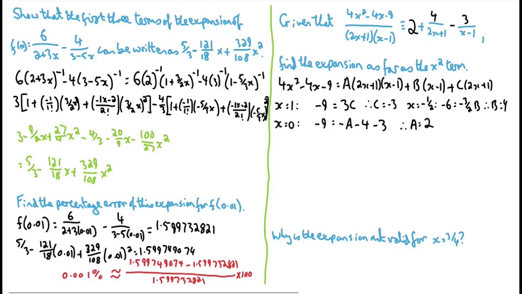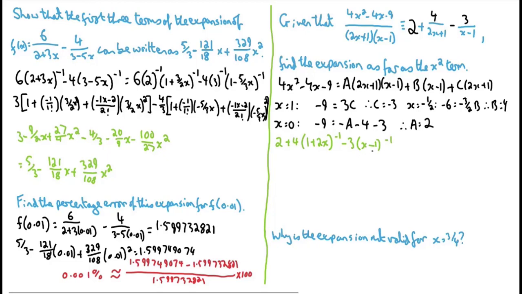Turning these into the binomial expansion form, the 2 is just going to remain 2, but now that will be plus 4 lots of, and because it's addition, it doesn't matter which way around you write it. I'm just now going to put the 1 first, and then plus 2x to put it in a more binomial expansion form, because 1 plus 2x is the same as 2x plus 1, that's the minus 1. Then here, you'll have minus 3 lots of x minus 1 to the minus 1.